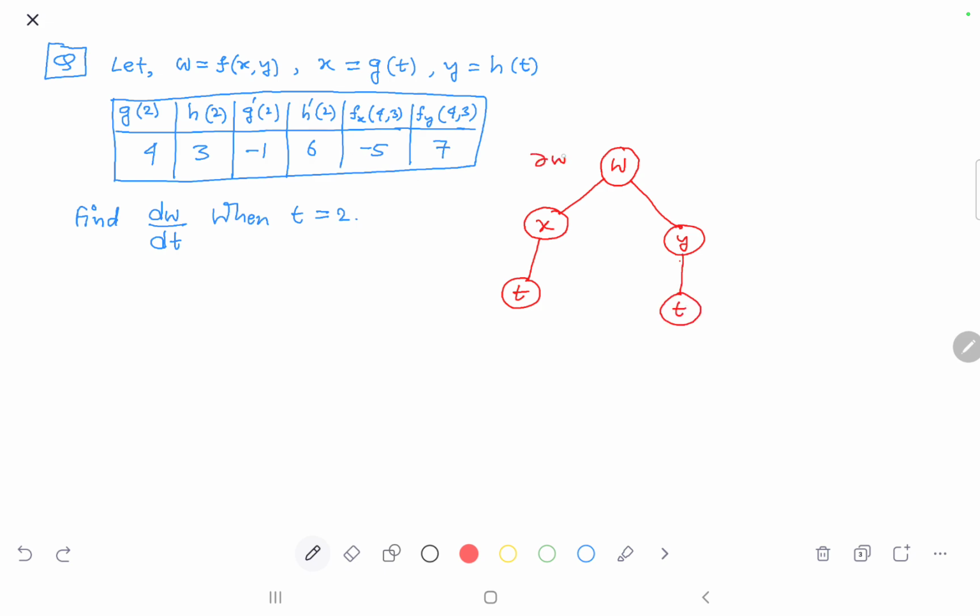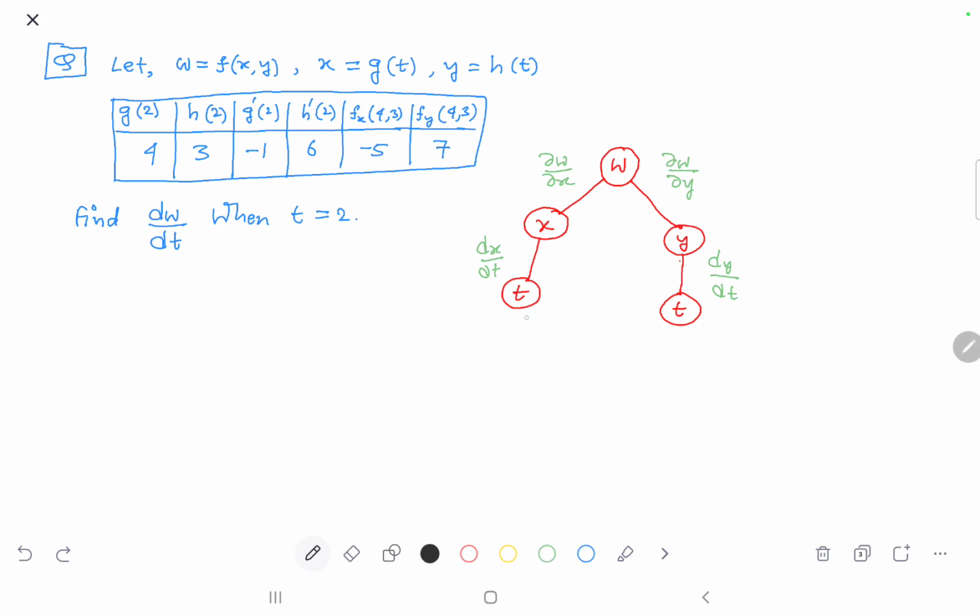So we calculate del w/del x, and then this is dx/dt. Remember, I am using dx/dt because x is only a function of t. Here del w/del y, we have to calculate dy/dt. Is that clear? Yeah, it's fine.